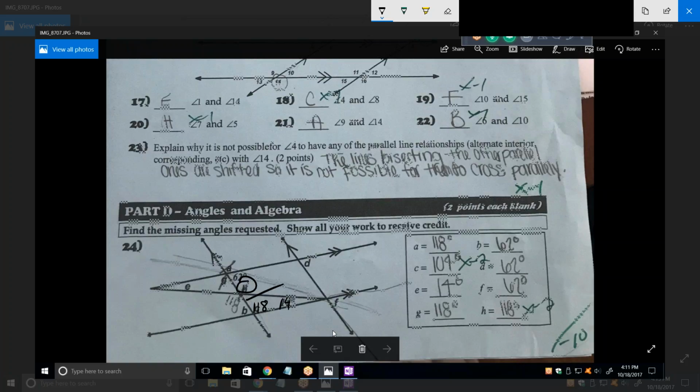So 48? Yeah, that angle is 48 degrees. H is a linear pair with that angle. So what's H? So it'd be 180 minus 48. Is that how you do it? Yes. When two angles are supplementary, you're always subtracting from 180. So it's 132? Yeah.